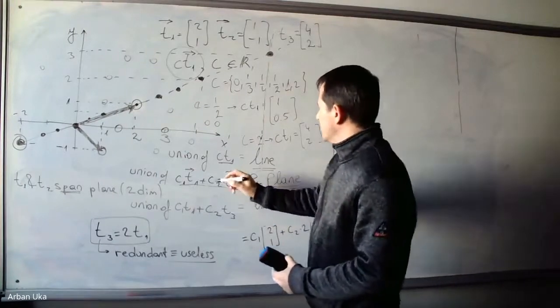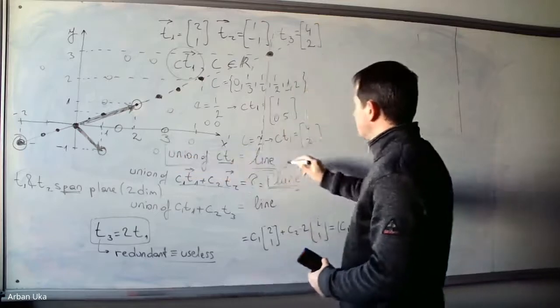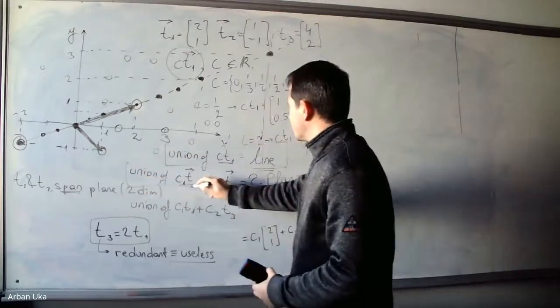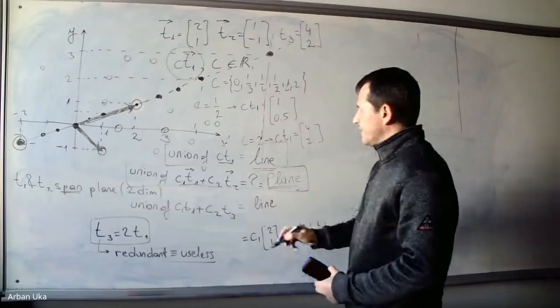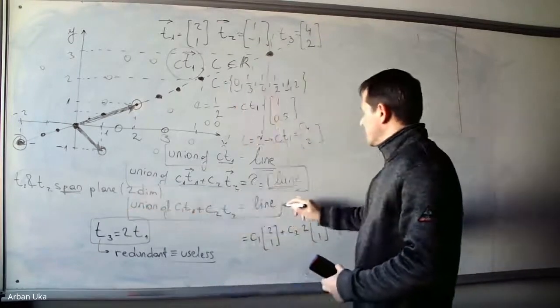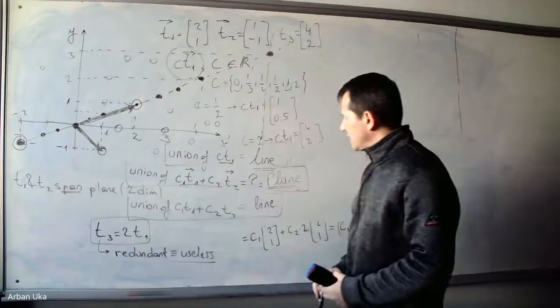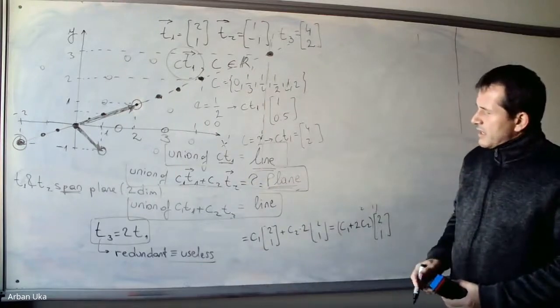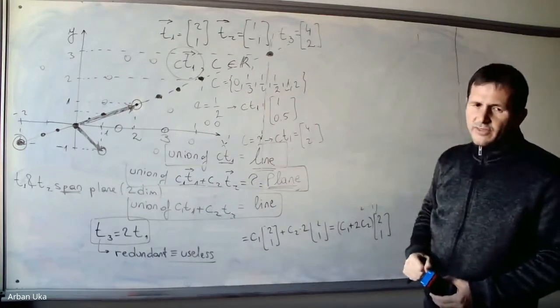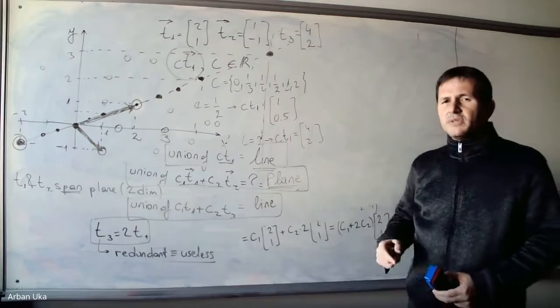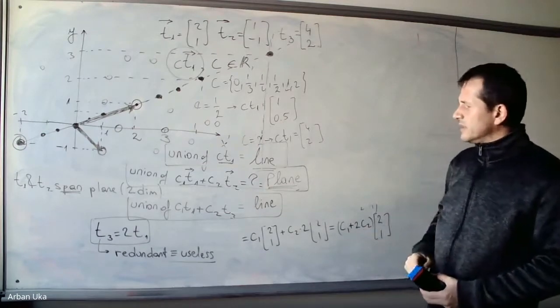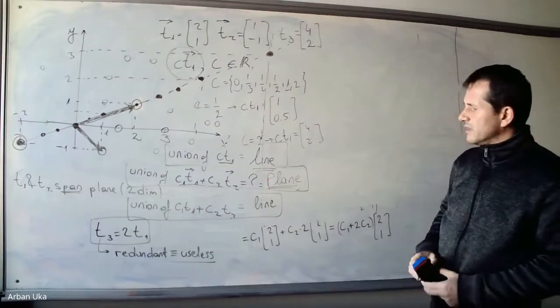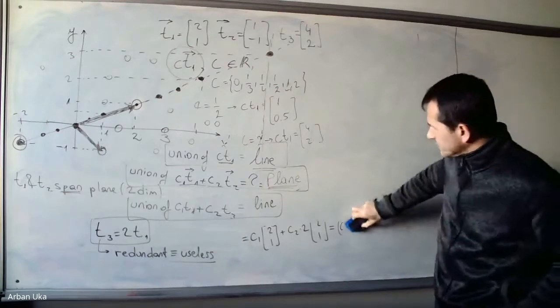So here on the board, we have the union of C1, T1 is a line, the union of C1 T1 and T2 is a plane, the union of these is again a line, okay? And if we understand what we have done so far, it means that we have understood a little bit how we can describe planes and lines.